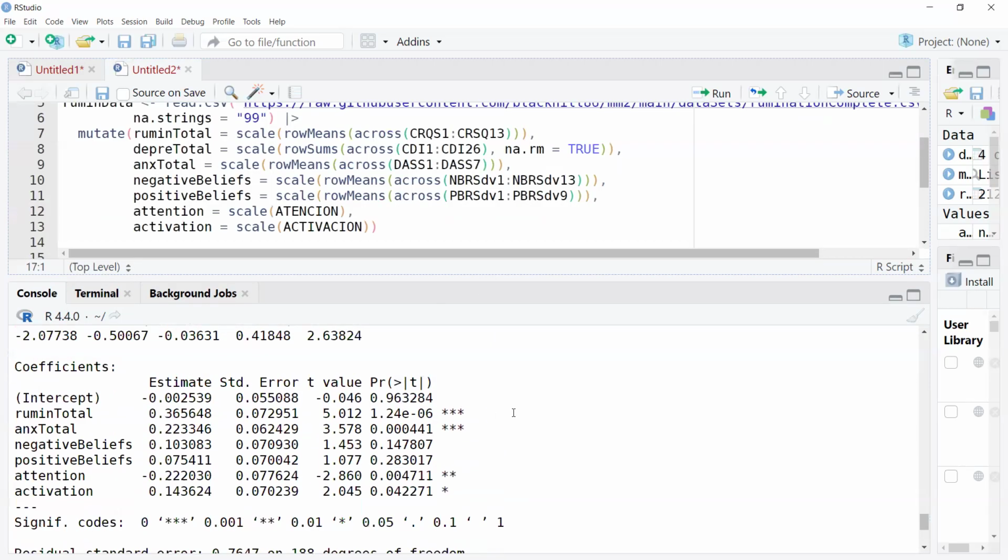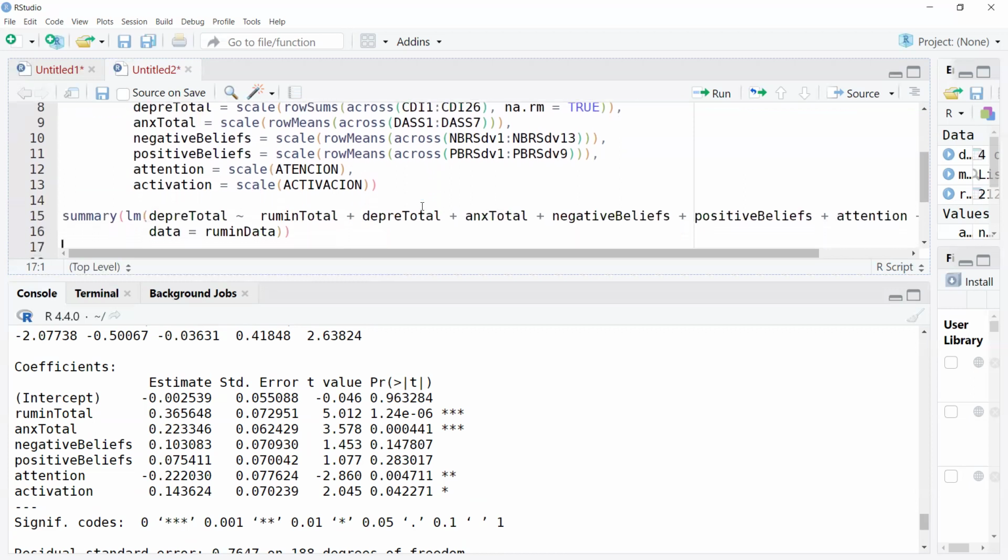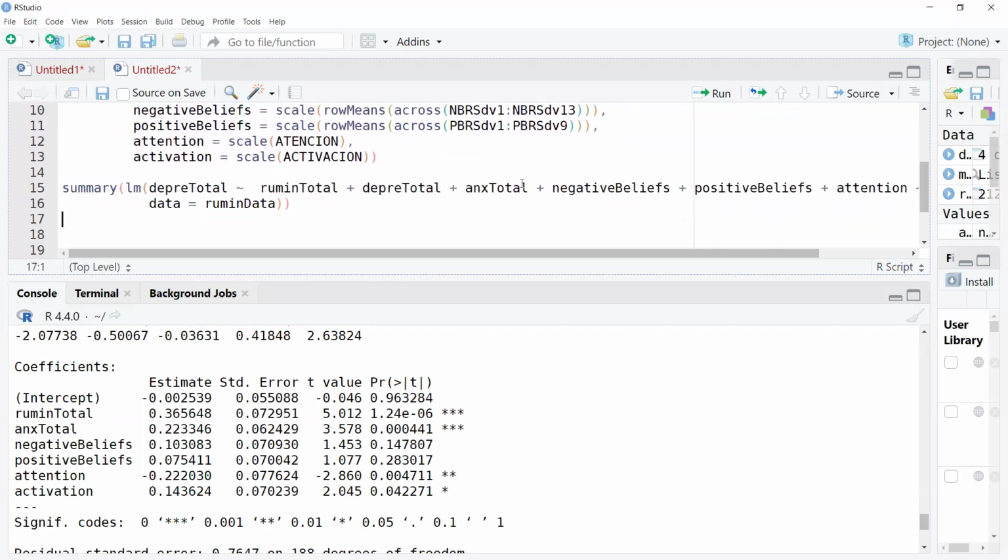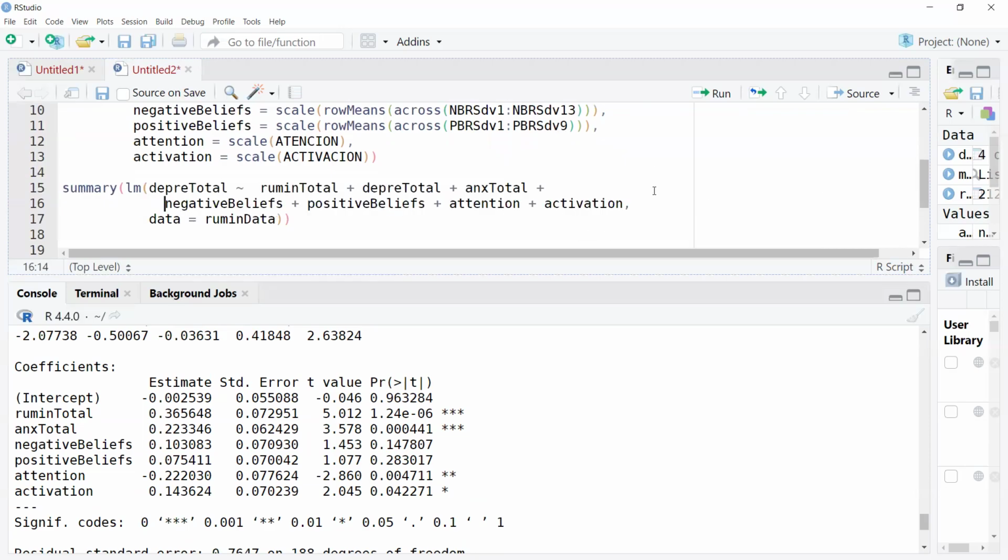I have a question. Yes, tell me. How come when you add everything, at the end you put data equals ruminationData with a capital D? You mean here? Yes, the last data. You see the D is capital, not lowercase.